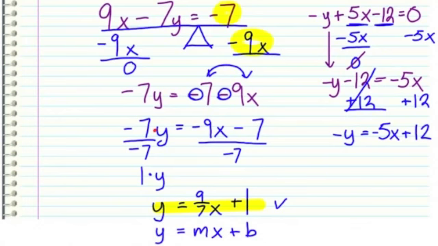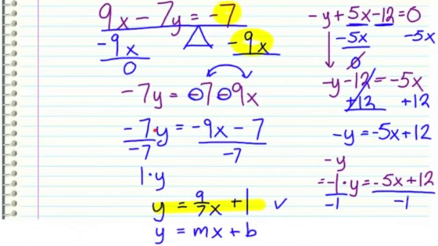Now, for the most part, this equation looks like it's in the correct form. However, again, I'm looking at a coefficient on my y. And remember, when we talked about notation on the first page, we remember that negative y is the same as negative 1 times y. So if I rewrite my equation, I realize I have to divide both sides by that negative 1 in order to get rid of it.